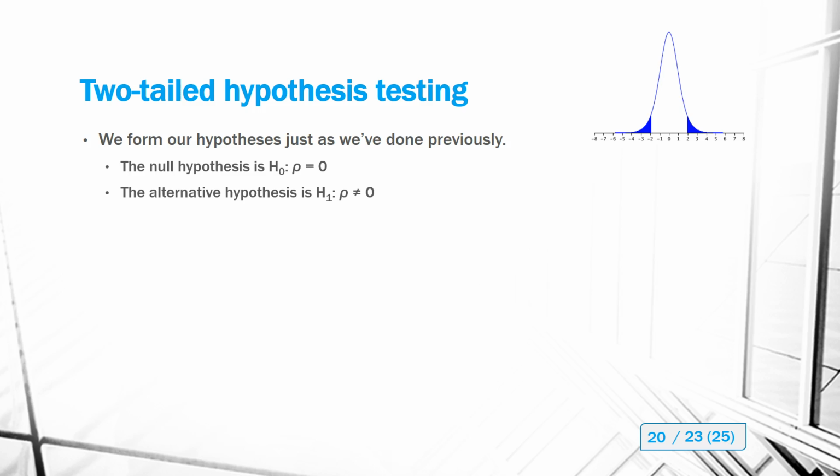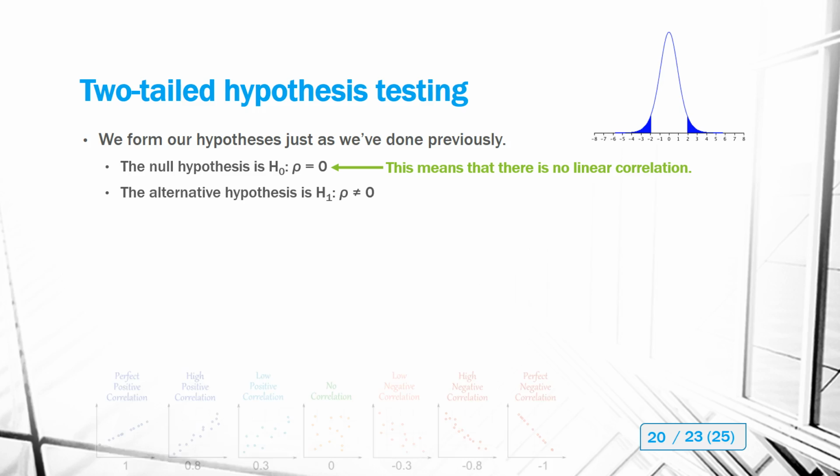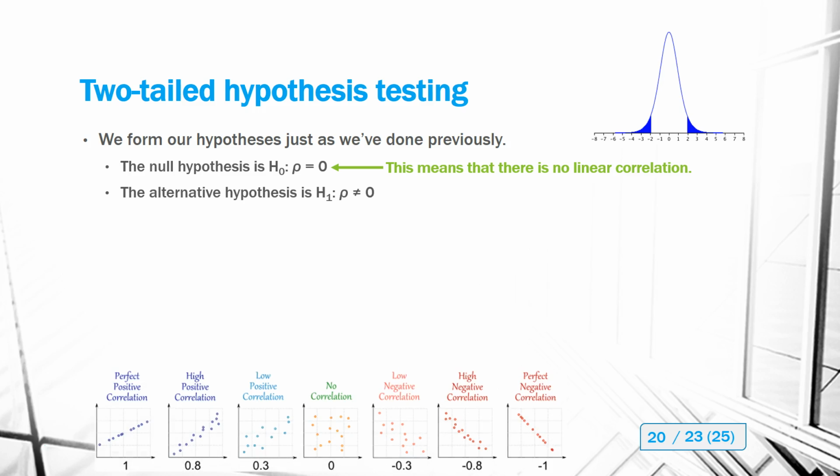This is always the case for two-tailed testing, because remember, for two-tailed testing, the inequality sign for our alternative hypothesis will be not equal to. So, in effect, what our null hypothesis is saying is that there is no linear correlation. That is the null hypothesis. Okay? Remember this graphic that we saw earlier in the lecture.